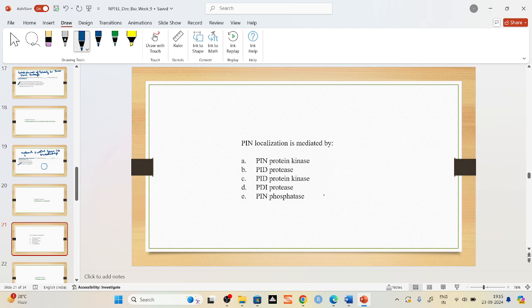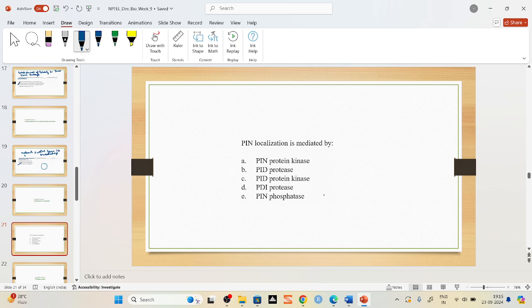Okay. So one minute is over. Now, what is the meaning of PIN localization? PIN localization in the context of plant developmental biology refers to the spatial arrangement of PIN proteins, which are involved in the transport of a key plant hormone, which is auxin.